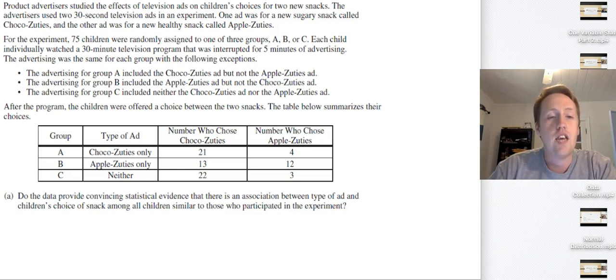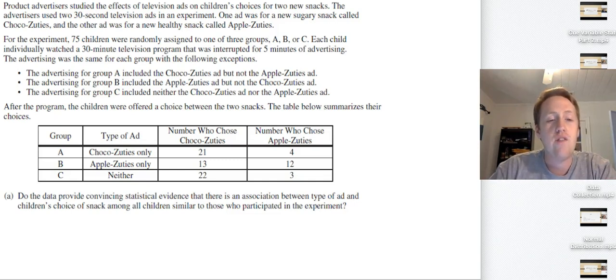The advertising was the same for each group with the following exceptions. The advertising for Group A included the Choco Zooties but not Apple Zooties. Advertising for Group B included Apple Zooties but not Choco Zooties. The advertising for Group C included neither Choco Zooties nor Apple Zooties. After the program, the children were offered a choice between the two snacks.